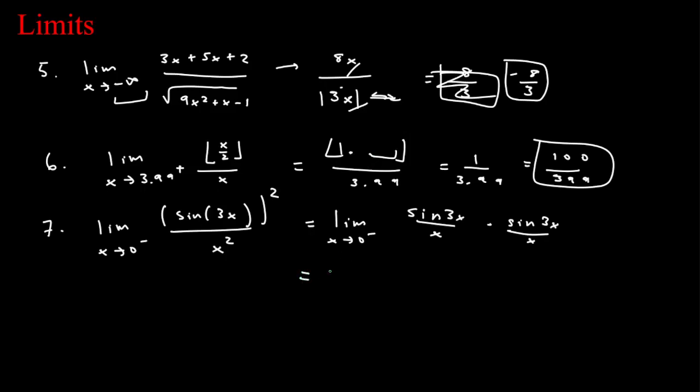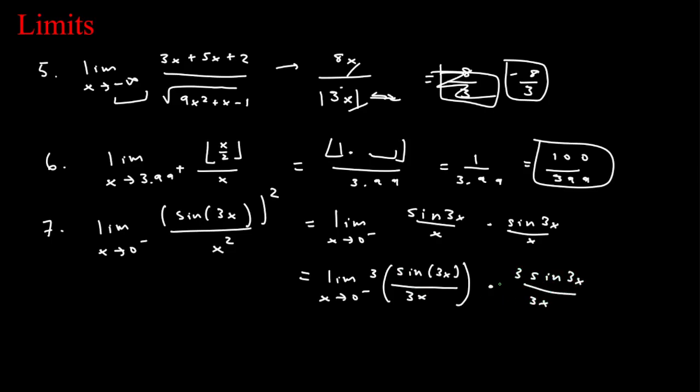Well, this is the same as 3 times sine 3x over 3x. And we know that the limit of sine of a value divided by that same value is 1. So that's just the same thing as 3 squared, and that gives us 9.